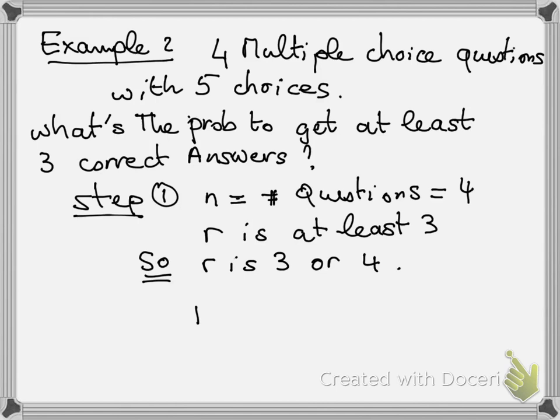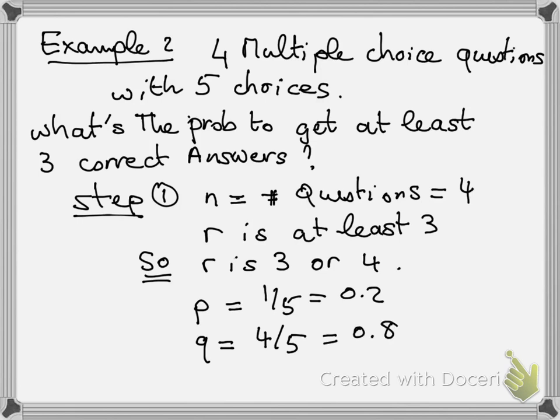Now, what's P, the probability of success? We have 5 choices. There is only one correct answer out of 5, so that's 1/5, which is 0.2. And the probability of failure, of course, out of 5 choices, there are 4 wrong answers, so that's 4 out of 5, which is 0.8.